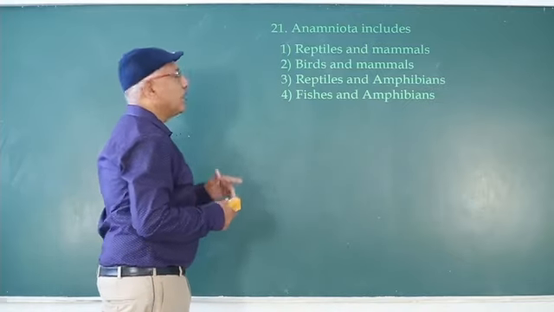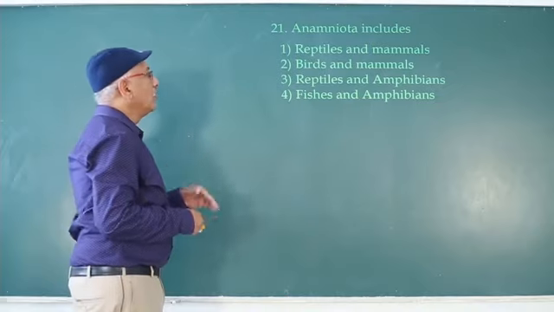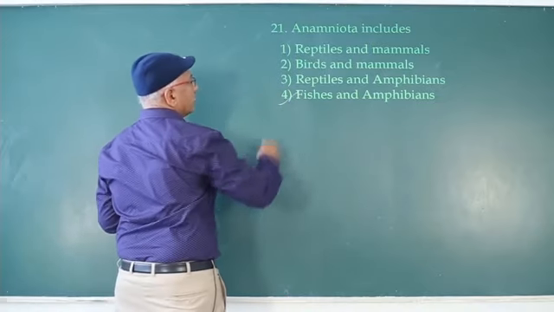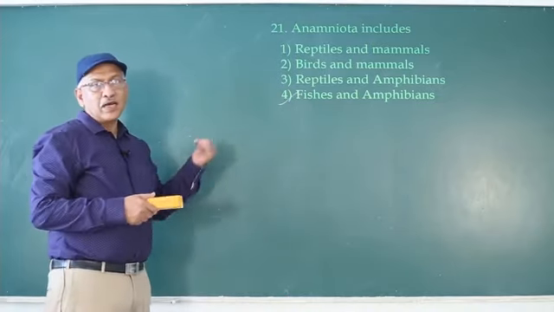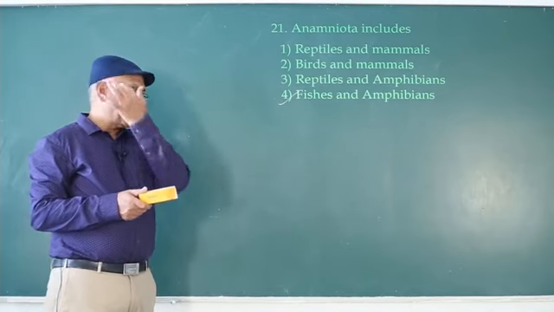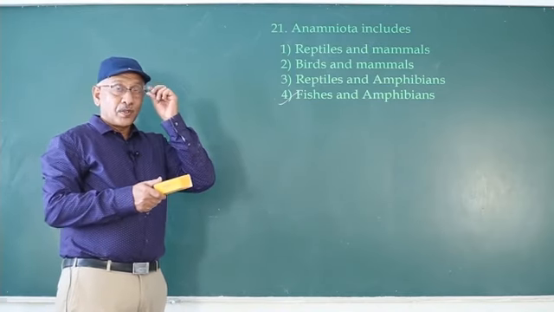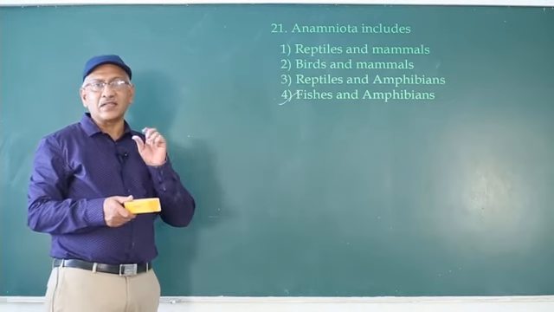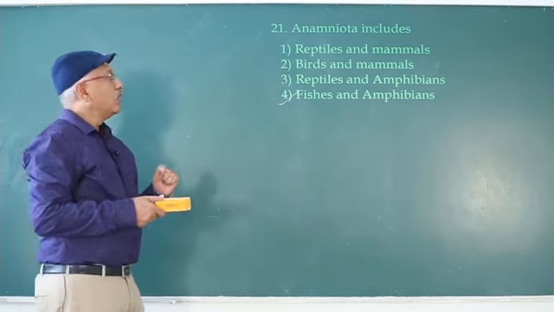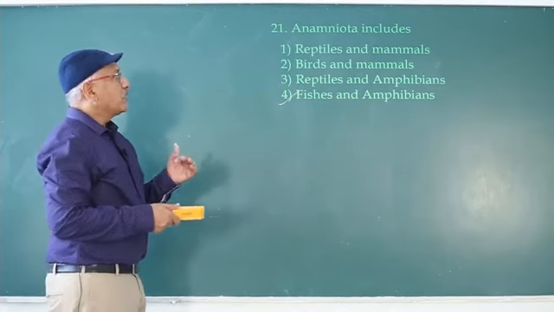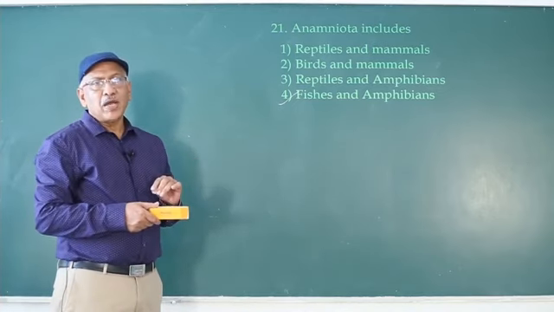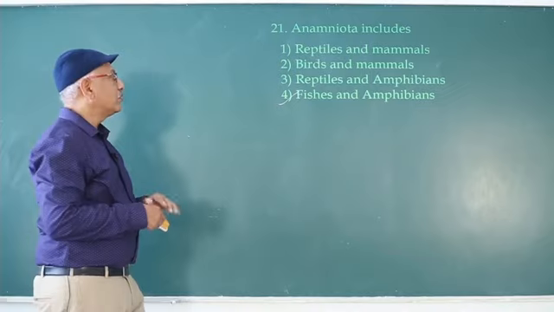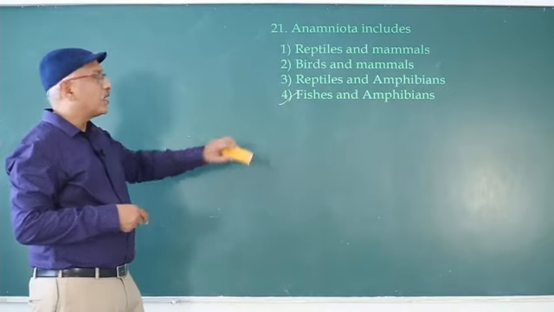Anamniota includes, a means no amnion, fishes and amphibia. We already discussed amniotes. Extraembryonic membranes, chorion, amnion, yolk sac, allantois, are present in reptiles, aves and mammals, so they are known as amniotes. Fishes and amphibians are anamniotes.